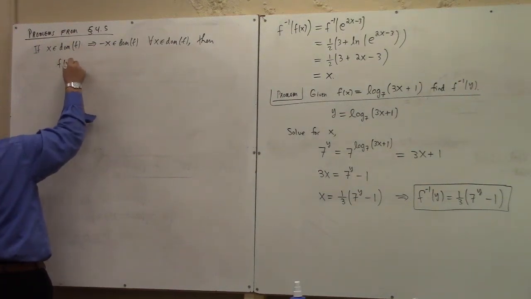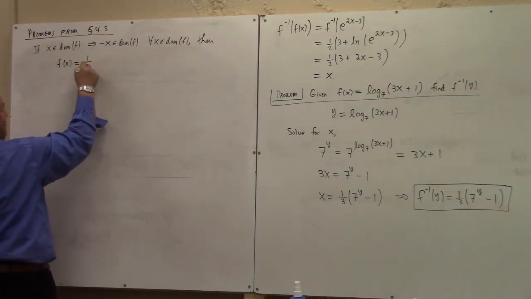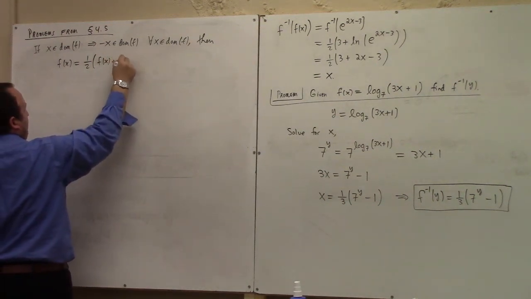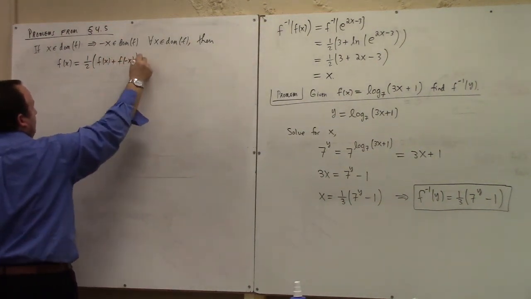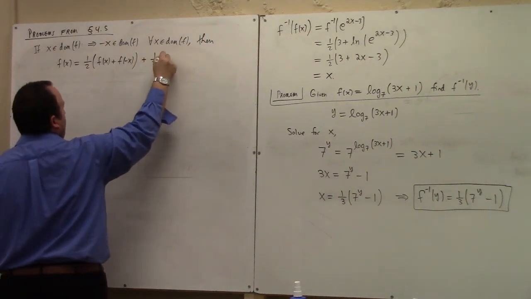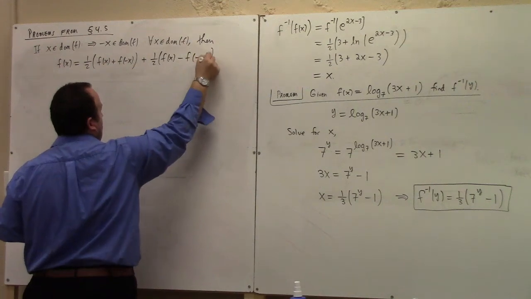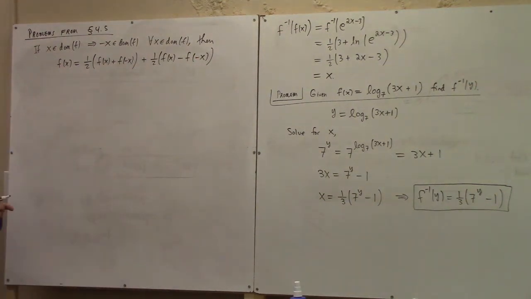f of x is 1/2 of f of x plus f of minus x, plus 1/2 of f of x minus f of minus x. You're like, what? Why would you do that? Well, what did I do?